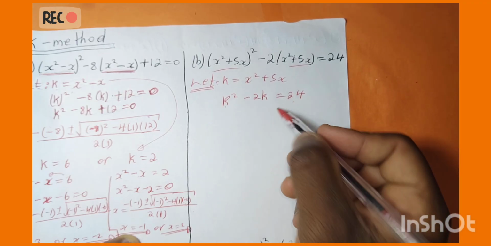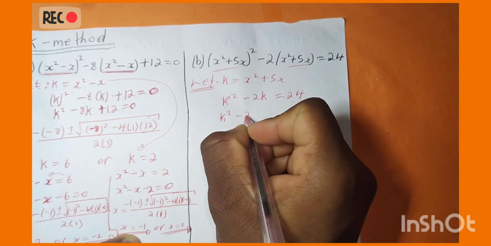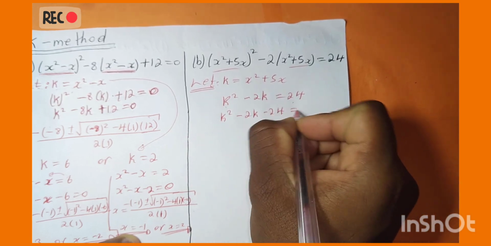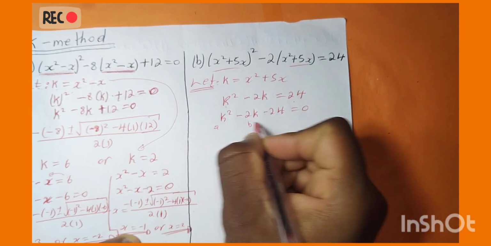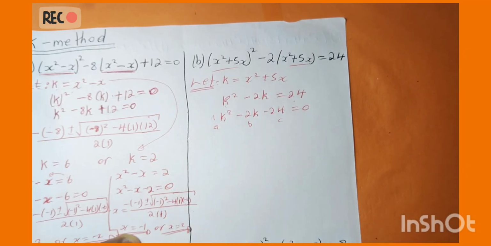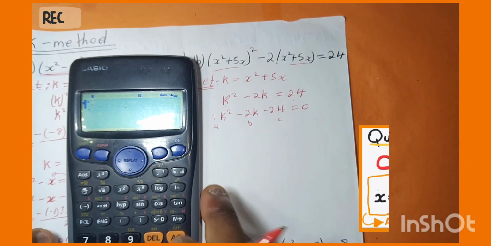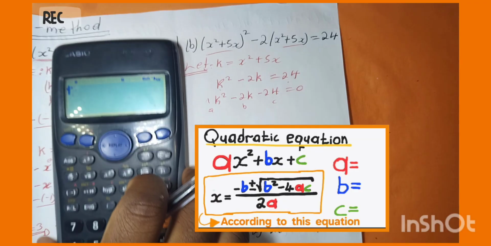And that equation there, I can form a quadratic equation, whereby it's A, B, C. Yeah. So there I will press my quadratic equation. That's how you press your quadratic equation.